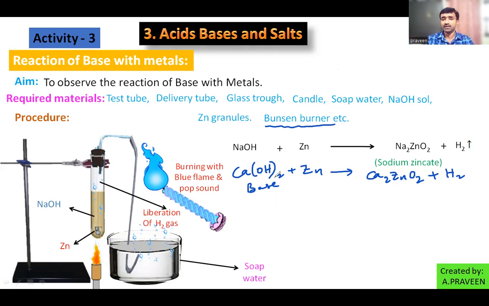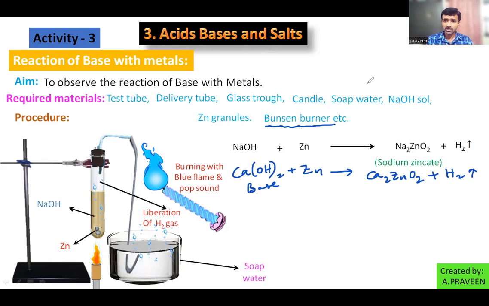One example is given: calcium hydroxide and zinc produce calcium zincate and liberate hydrogen gas. The process is the same, no change in the process. So many examples you are able to collect. Only one example is given in your textbook. I have given one more; add it to your textbook. Don't prepare this specially, but if something different is asked in your examination, it will help you write another example.